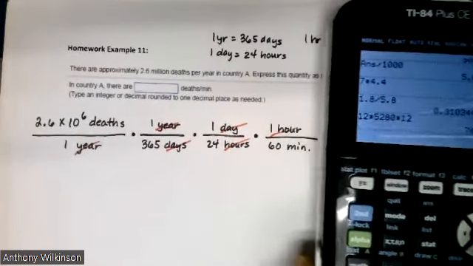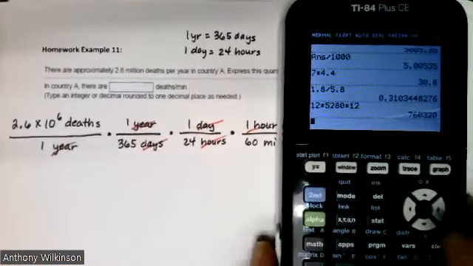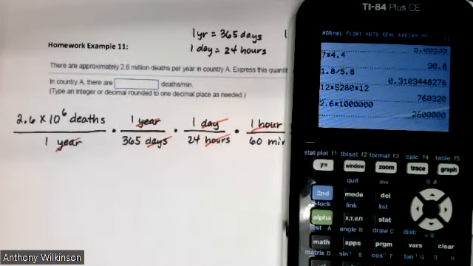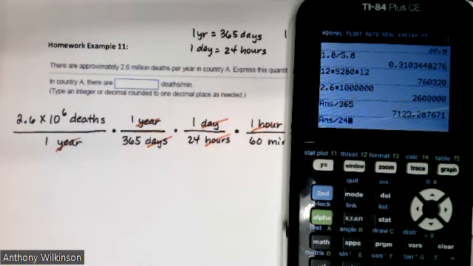In this case, if we figure this whole thing out, let's see, 2.6. Now I'm going to multiply that by, now million is a 1 with 6 zeros. That's what 2.6 times 10 to the 6 is, 2,600,000. We're going to divide that by the 365. That would give us that amount. Take that amount, divide that by the 24.